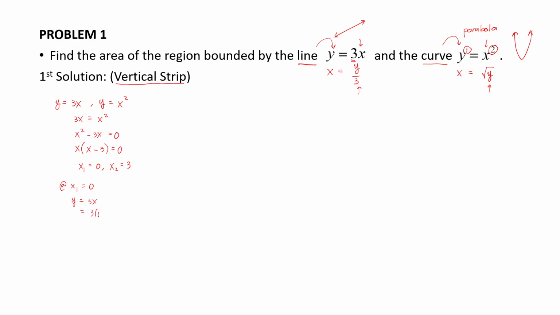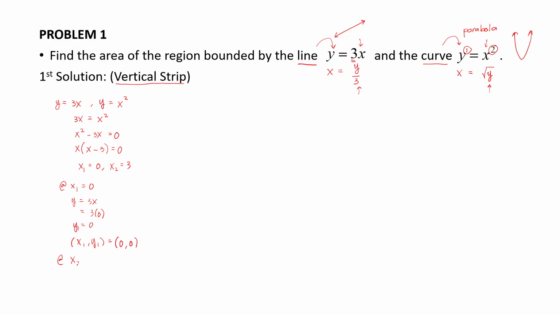So 3 times 0, y is equal to 0. The first point of intersection, x1, y1, is at (0, 0).